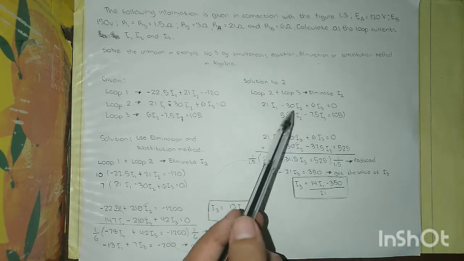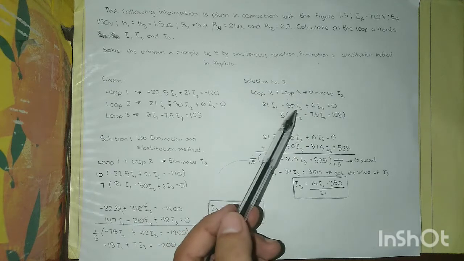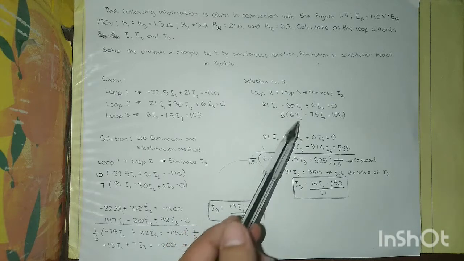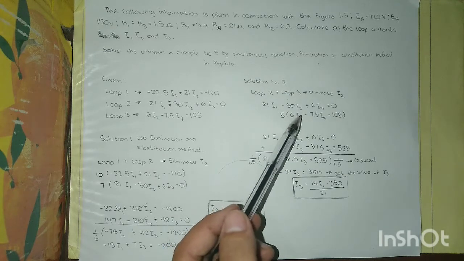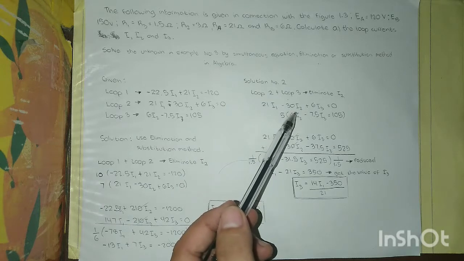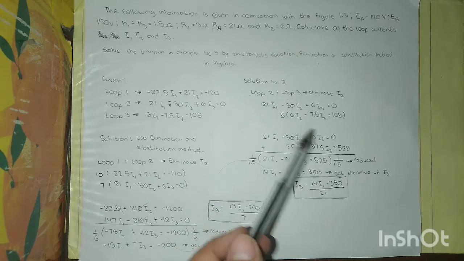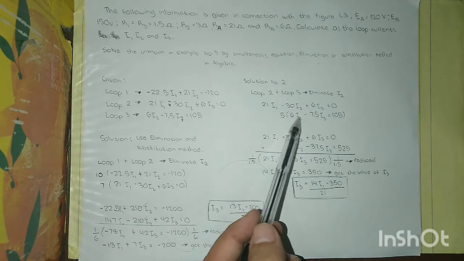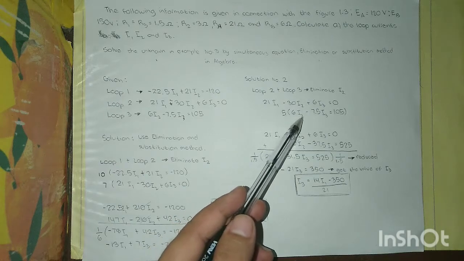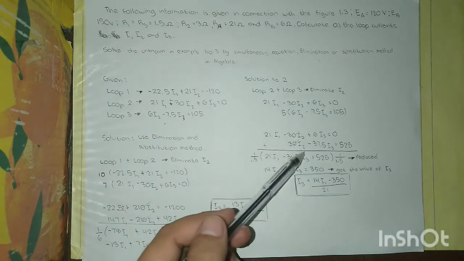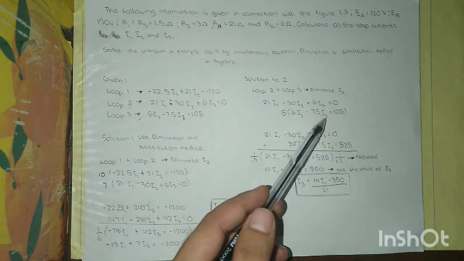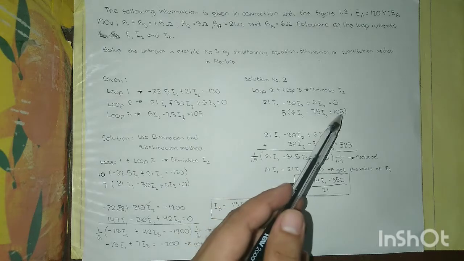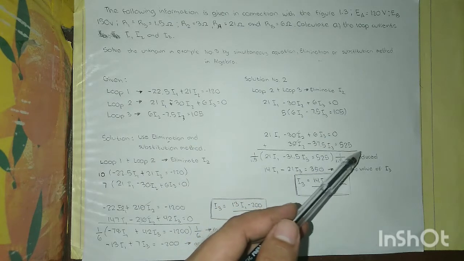Since the I2 in loop 2 is negative 30 and the I2 in loop 3 is 6, the least common multiple of 30 and 6 is 30. So I multiply loop 3 by 5. 5 times 6 I2 is equal to 30 I2, then 5 times negative 7.5 I3 is equal to negative 37.5 I3, then 5 times 105 is equal to 525.